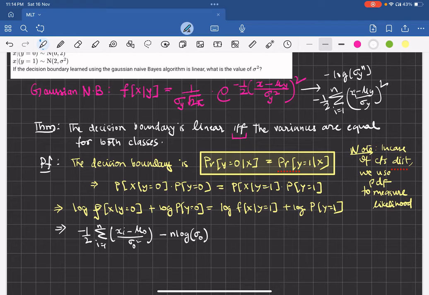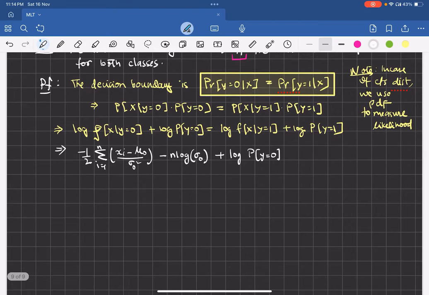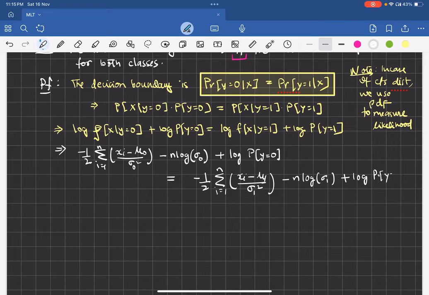And then I will have minus n times log of sigma 0, since log sigma y power n gives that. And then again there is a log term, log of probability y is equal to 0, right? Now what will we have on the right hand side? The same expression with a few minute differences: instead of mu 0 we will have mu 1, instead of sigma 0 square we will have sigma 1 square, and then I'll have minus n times log of sigma 1 plus log of probability y equal to 1, right?